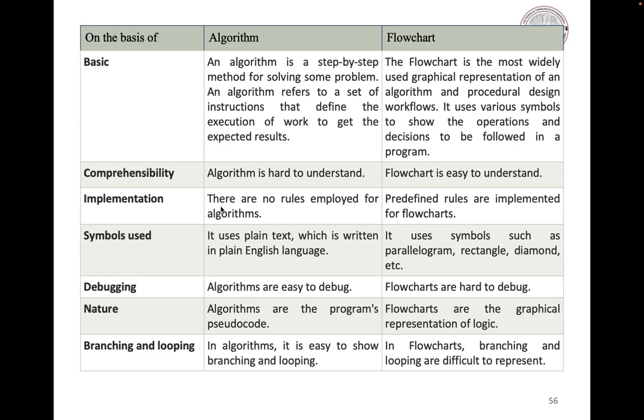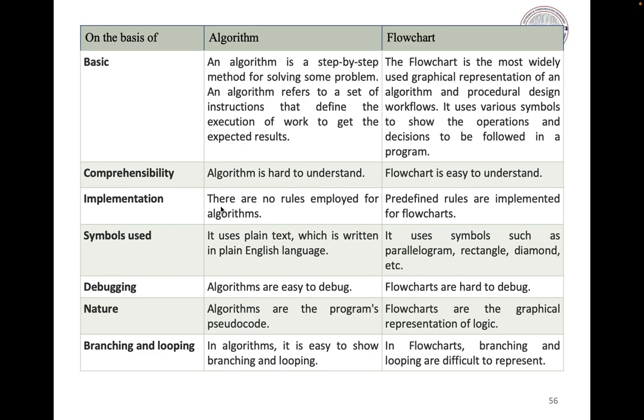Comprehensibility: an algorithm is harder to understand, a flowchart is easy to understand. Implementation: there are no rules employed for algorithms, while predefined rules are implemented for flowcharts. Symbols used: an algorithm uses plain text written in plain English, while a flowchart uses symbols such as parallelogram, rectangle, diamond, etc. Debugging: algorithms are easy to debug, flowcharts are harder to debug.